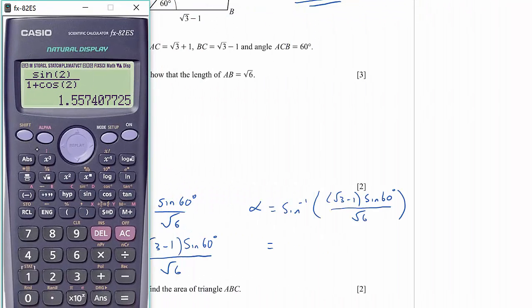I think my calculator is in radian mode from an earlier question, so let's get it into degrees, and then we've got the inverse sine of the square root of 3 take away 1 times sine 60 all over the square root of 6, and that gives me 15 degrees.